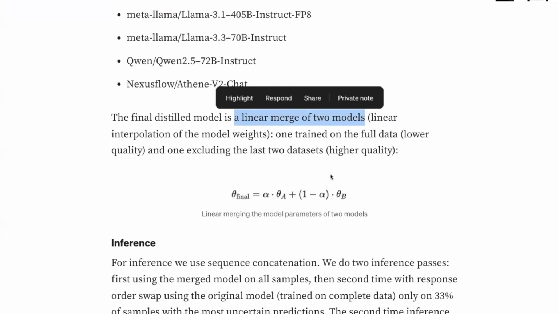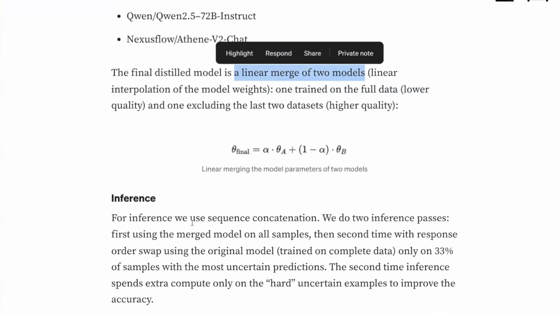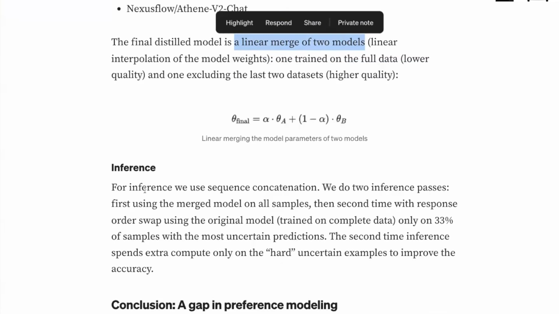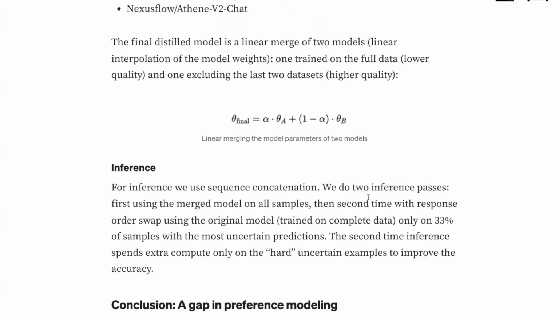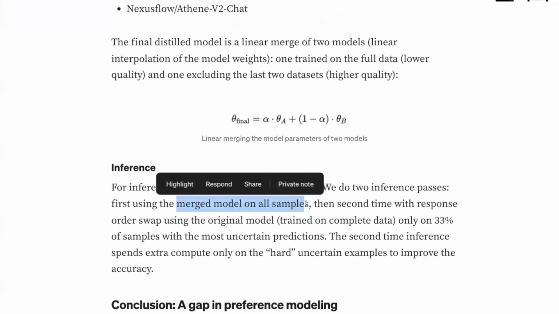This is my guess, and also based on how they described the inference, right? So they do two inference passes. Again, the two inference passes do not mean doing inference on two models. First they use the merged model on all samples, right? So it's just one merged model, not two models.